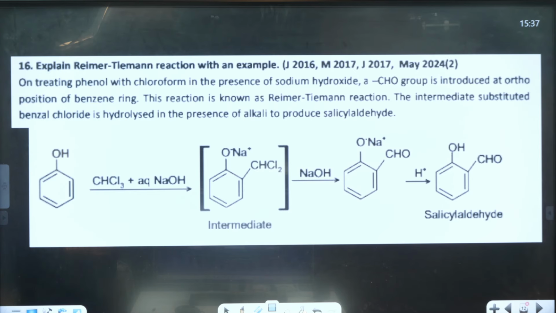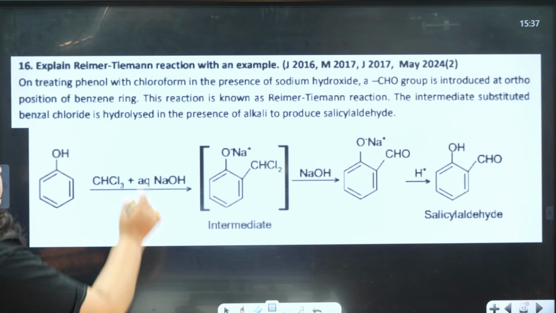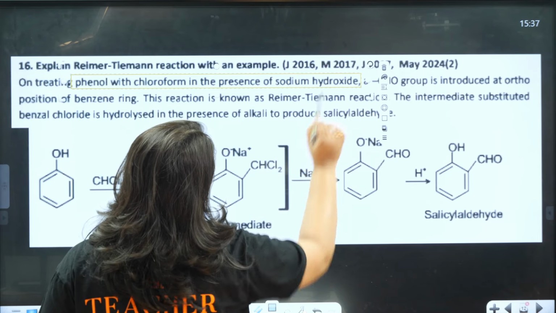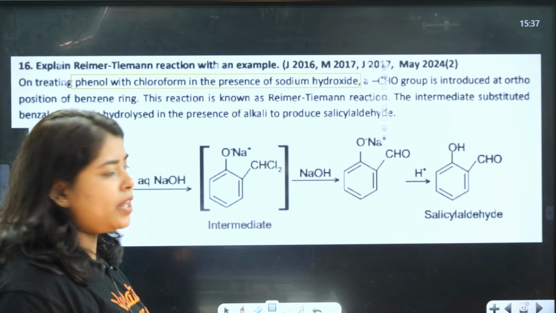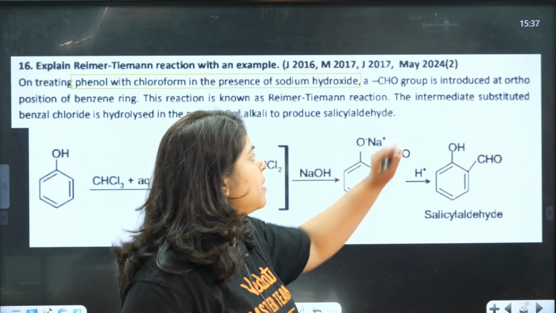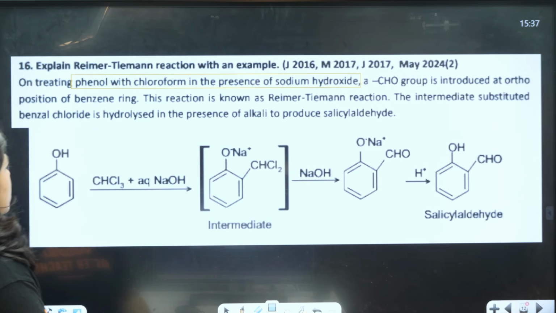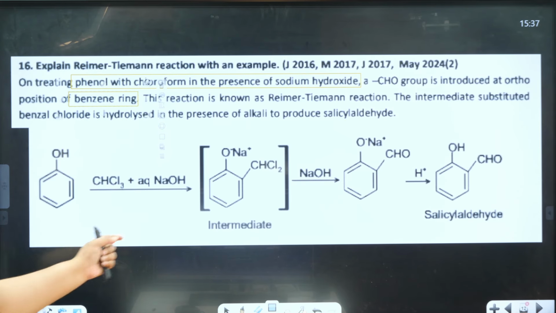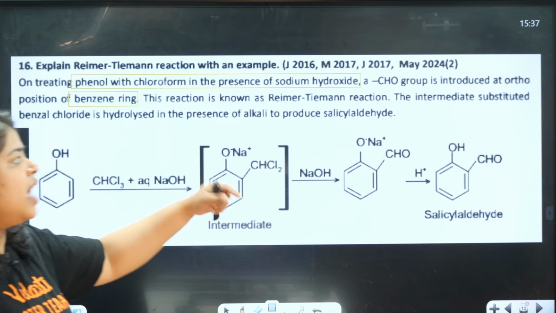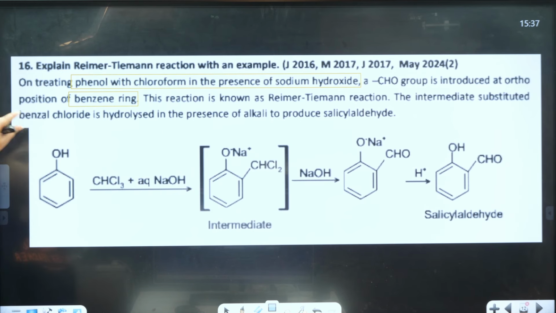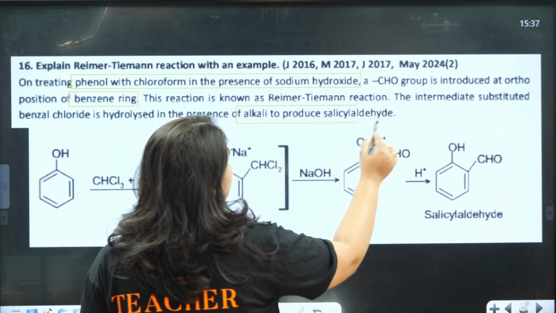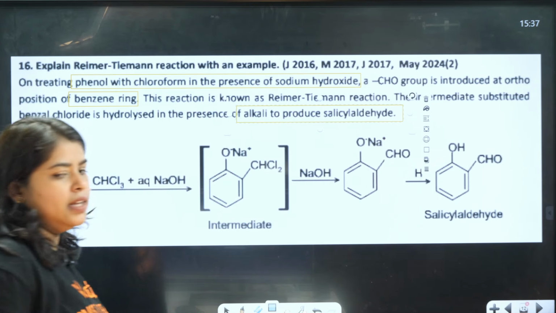Next, explain the Reimer-Tiemann reaction with an example. Whenever we treat phenol with chloroform in the presence of sodium hydroxide, a CHO group is introduced at the ortho position of the benzene ring. This reaction is known as the Reimer-Tiemann reaction, and the intermediate substituted benzyl chloride is hydrolyzed in the presence of alkali to produce the salicylate.